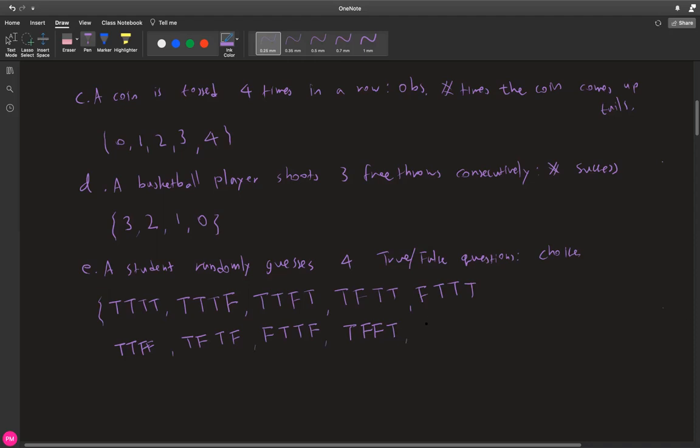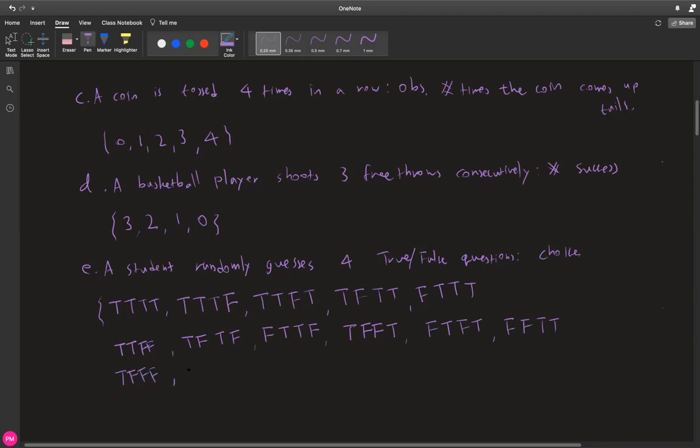And there can be false, true, false, true. And I think there can also be false, false, true, true. And I think that's all. And we can also have 3 false.